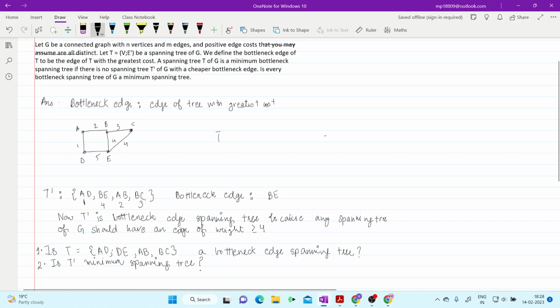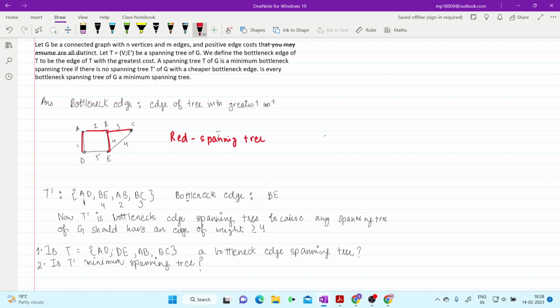Suppose you are given this graph G, and T prime, which is AD, BE, AB, and BC. We can see that this red is a spanning tree of this graph.